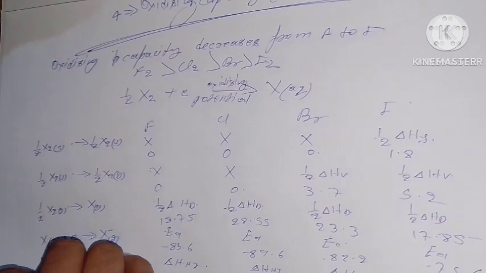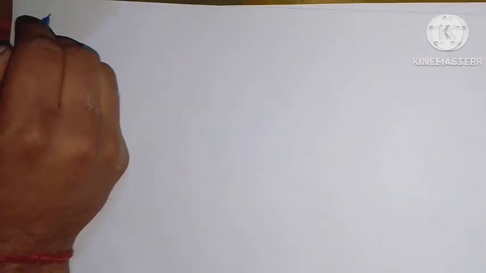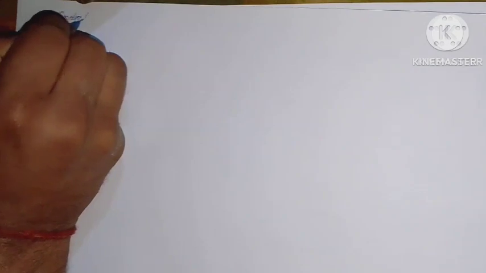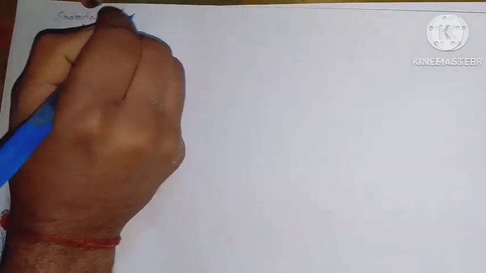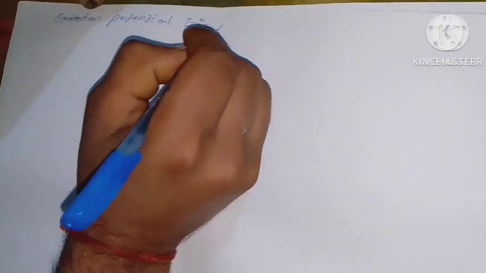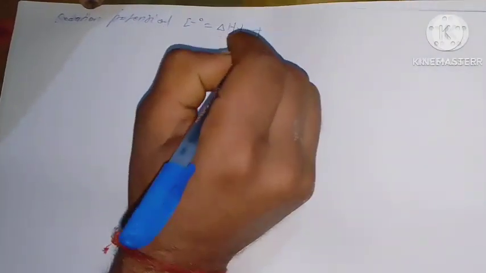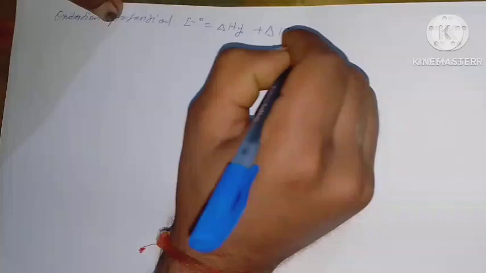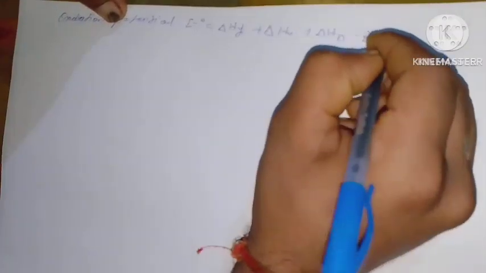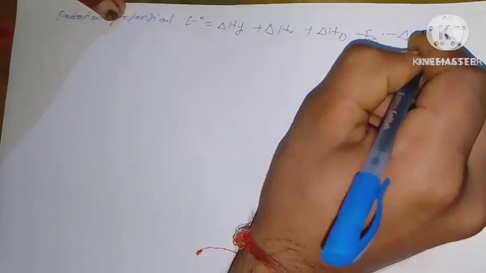Thus the oxidation potential E naught equals delta HF plus delta HV plus delta HD minus electron affinity minus delta Hy.